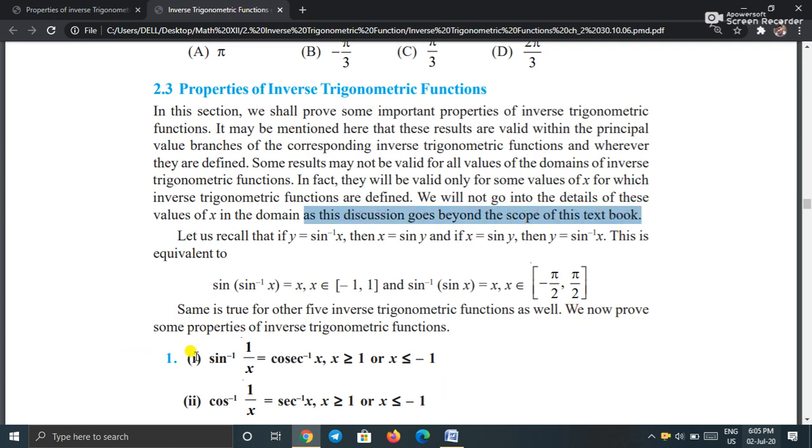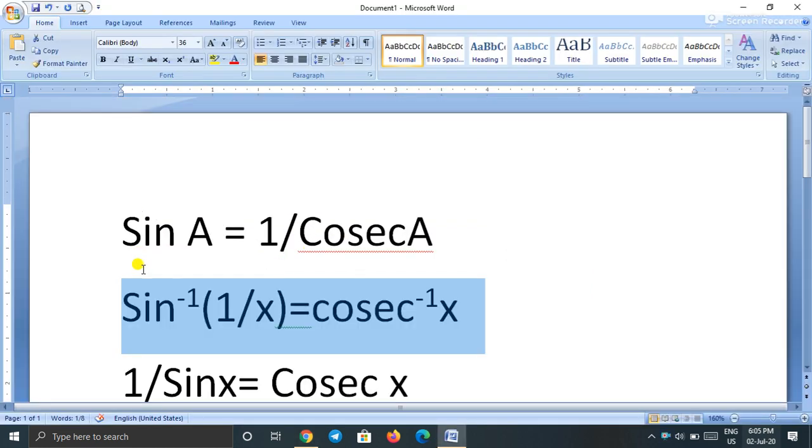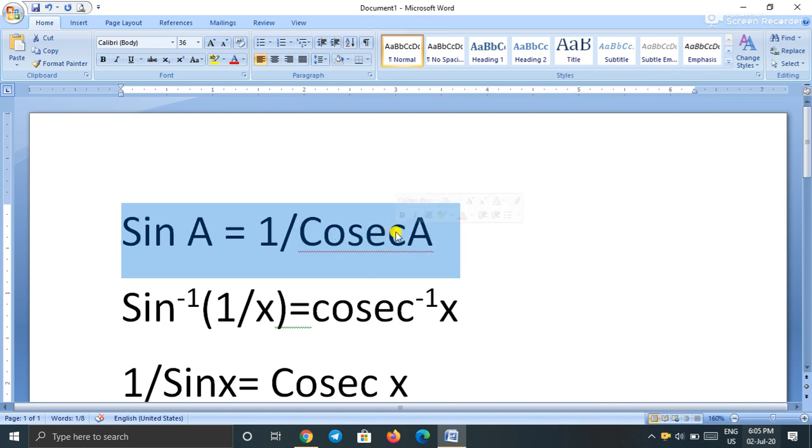Means these formulae are valid for some special values of x. In circular trigonometric functions there is no restriction on x. See, sin a is equal to 1 upon cosec a and it is true for all real values of a, except where cosec of a is equal to 0.